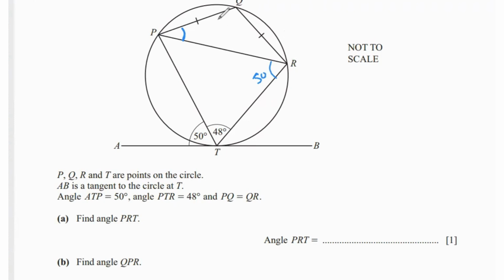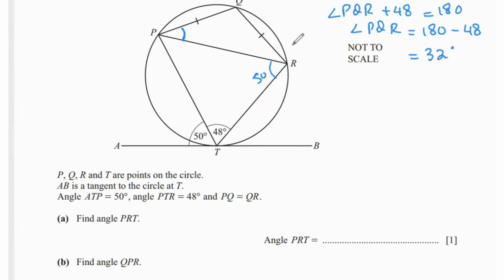Which means whatever this angle is, this angle plus 48 equals 180. So angle PQR plus 48 equals 180. So angle PQR equals 180 minus 48, which is basically equal to 32 degrees.